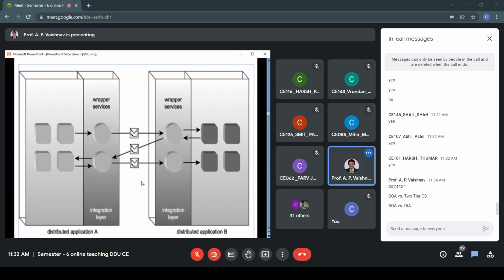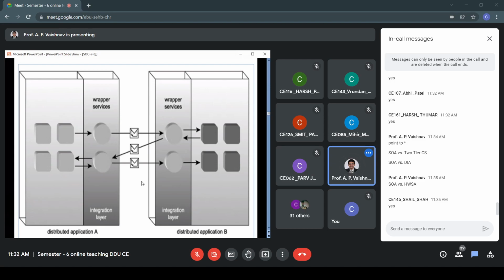And the third difference that we have seen is SOA versus hybrid web service architecture. So are you clear with these three comparisons? Yes. So in history, there have been four basic architectures, and that's what we have tried to compare point to point. I hope all of you are clear. Only Sheila replied, but I think the others who are listening are also clear, right? Okay. Thank you, Harsh.